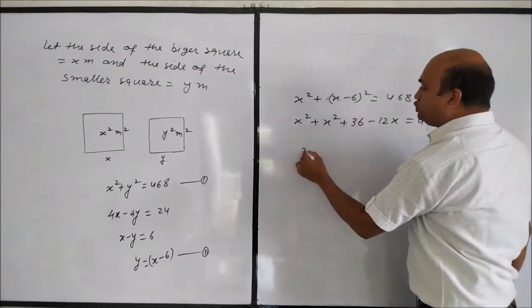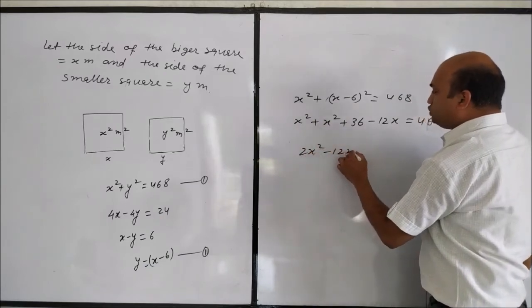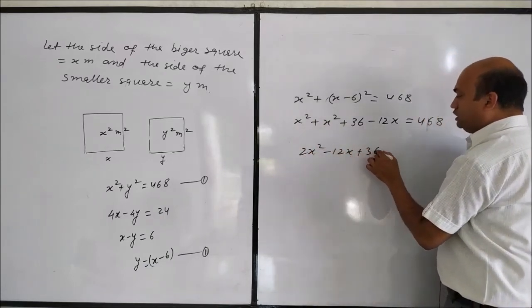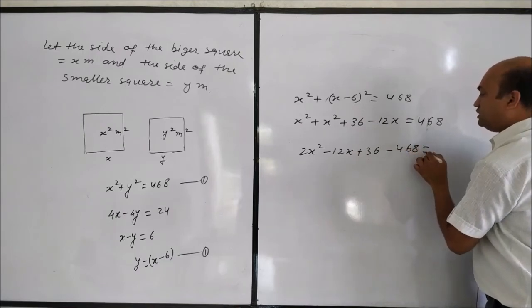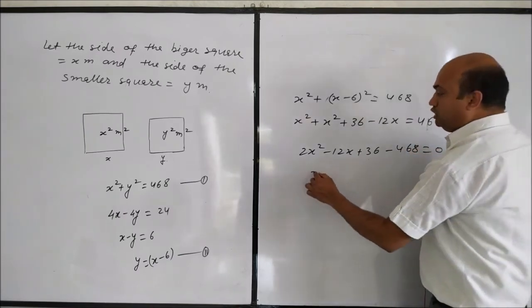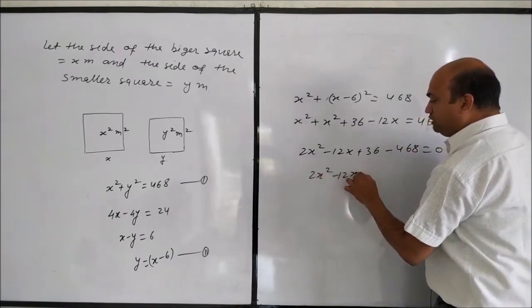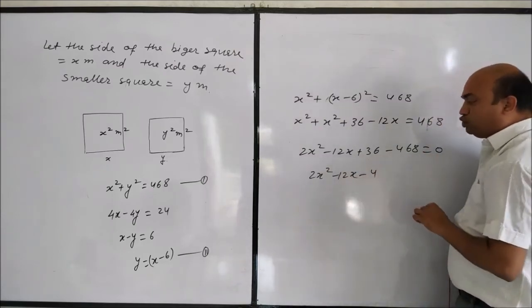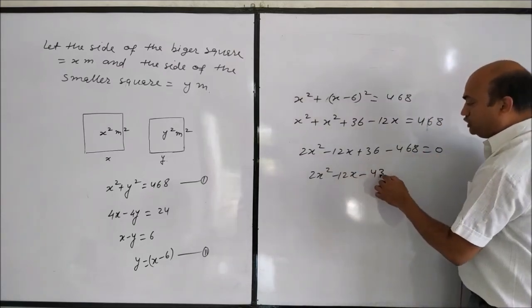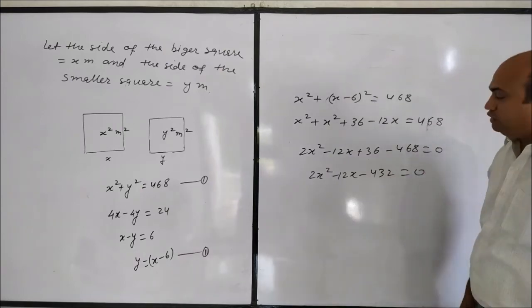Okay, this will be 2x square minus 12x plus 36 minus 468 is equal to 0. It is 2x square minus 12x minus 432 is equal to 0.